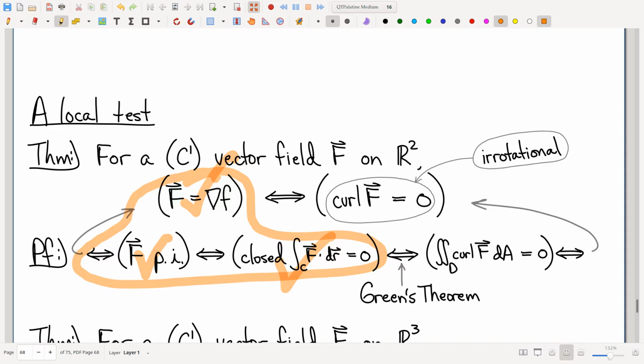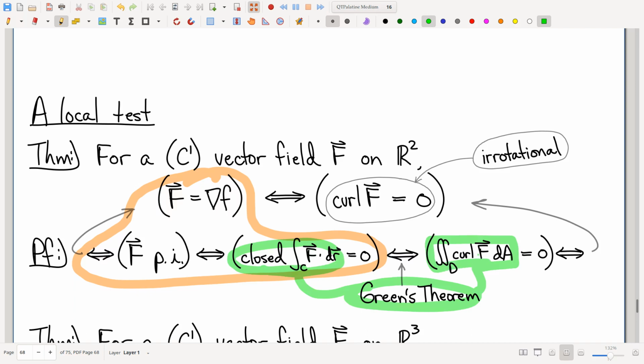Okay. And here's the beautiful little slick move. Closed line integrals, aka circulations, Green's theorem tells us we can compute those with a double integral of curl. So if the closed line integrals have to be 0, well, that means that these double integrals have to be 0.